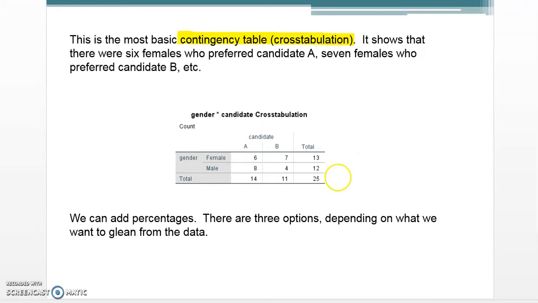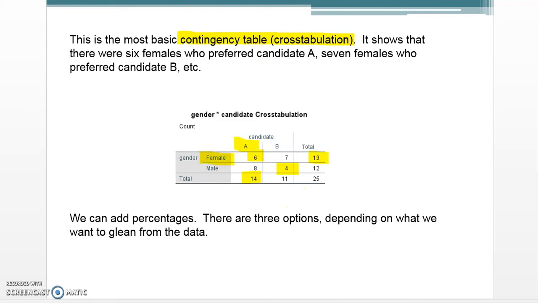We can see that 6 people are female and prefer A. 4 people are male and would prefer B. In total, by using this cross tabulation, we see there are 13 females. And in total, we know 14 people would prefer candidate A.